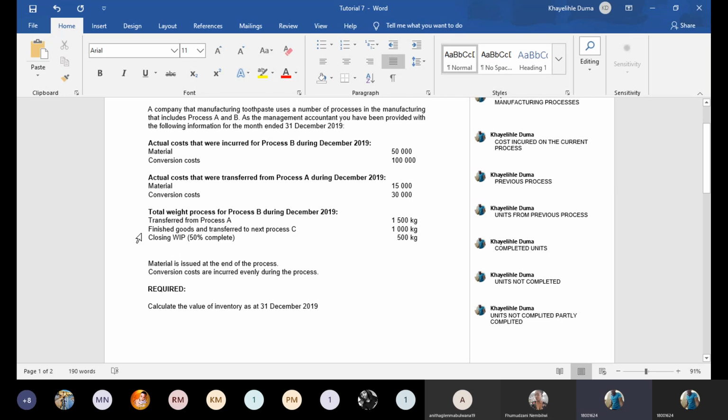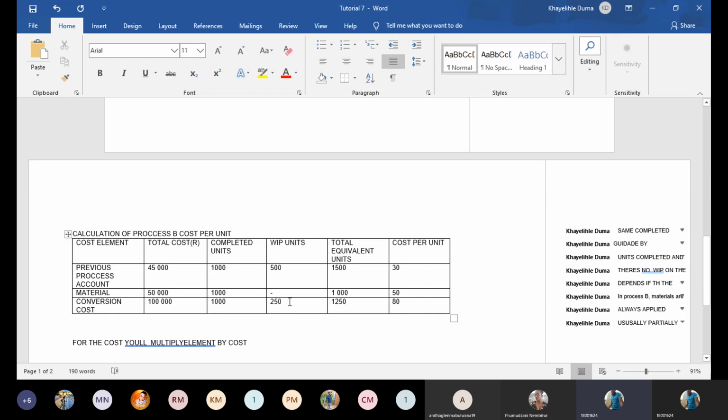How complete is the closing work in process? The closing work in process was 50% complete. So you'll simply say 500 multiplied by 0.50 or 50 over 100 or 50%. It's up to you how you do it, as long as you get the half of it, or multiply by 1 over 2, or 0.5. So 500 multiplied by 0.50 is going to be 250.